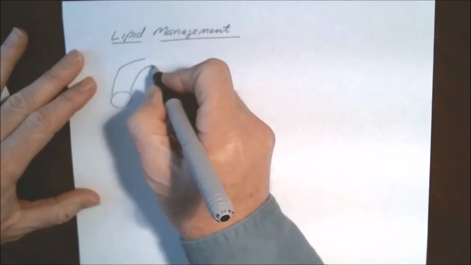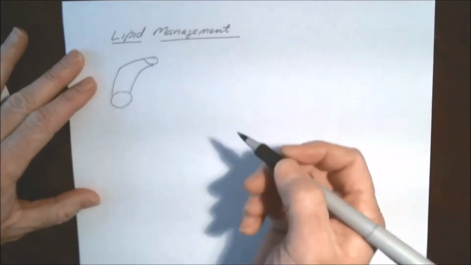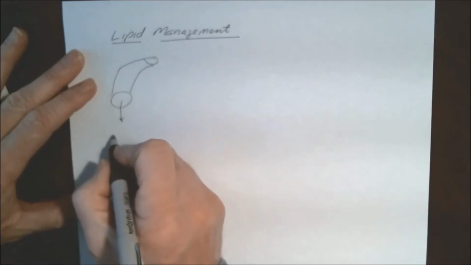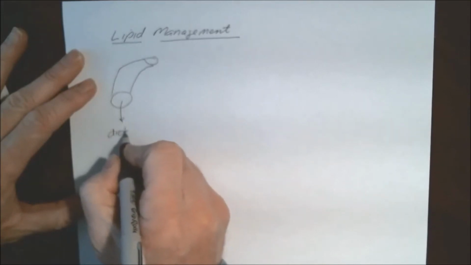Dietary fats. So here's a representation of our intestine, and we have dietary fats that need to be taken up by the body from the lumen of the intestine.